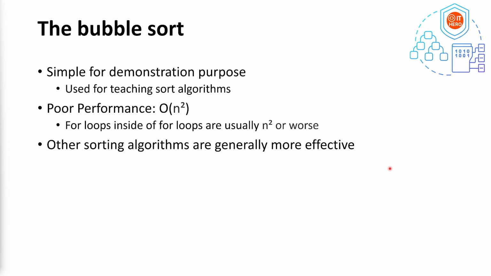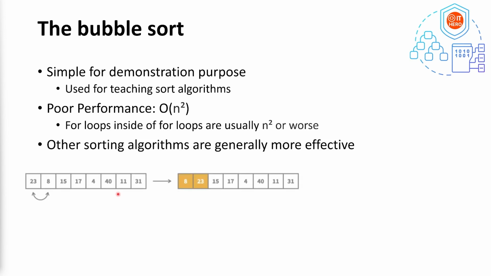We have a list which we want to sort, and how do we do that? We take the first two elements and compare them. If one is greater than the other, we swap them.